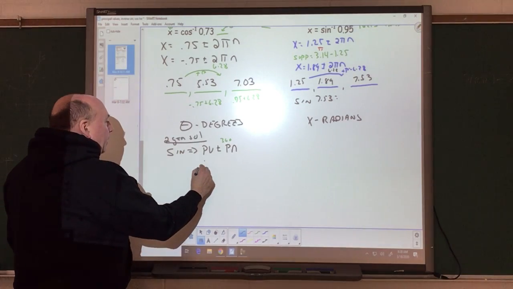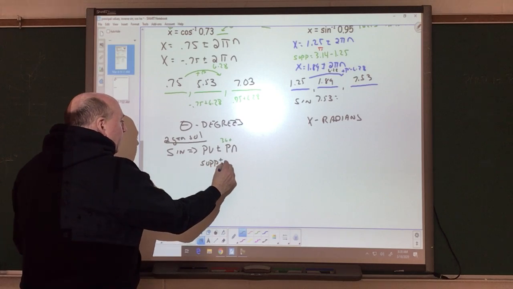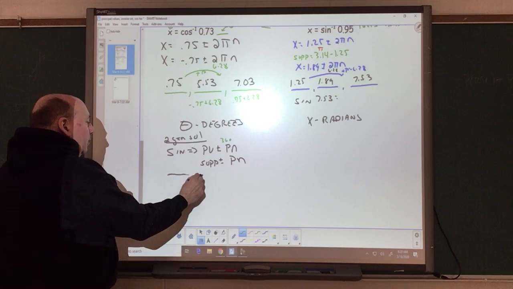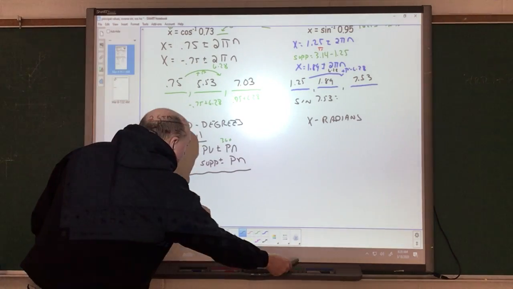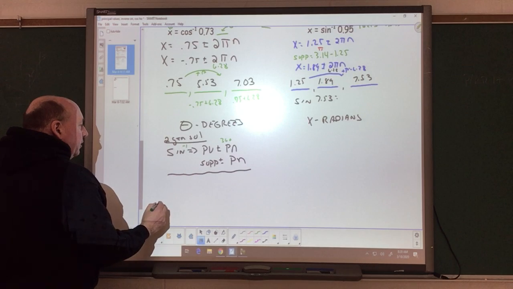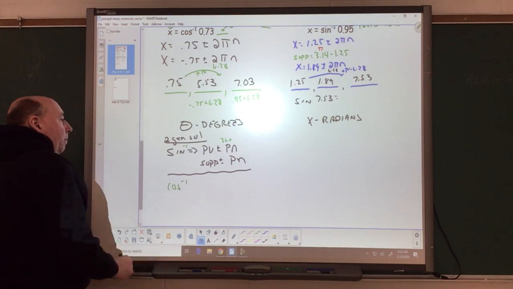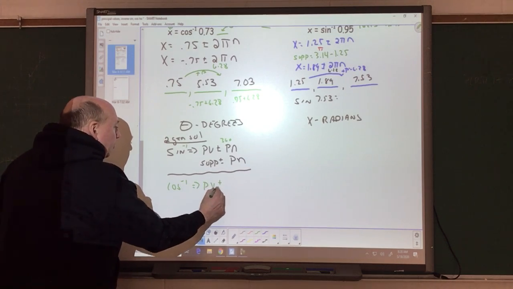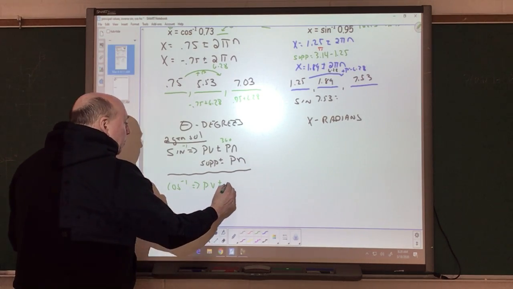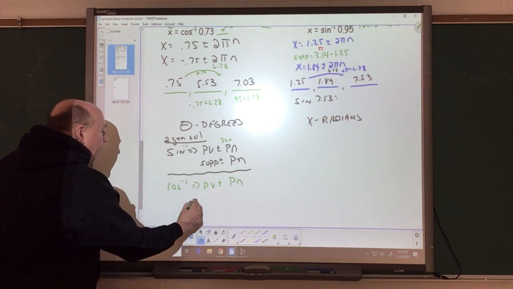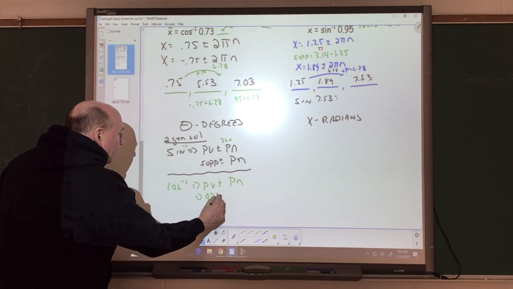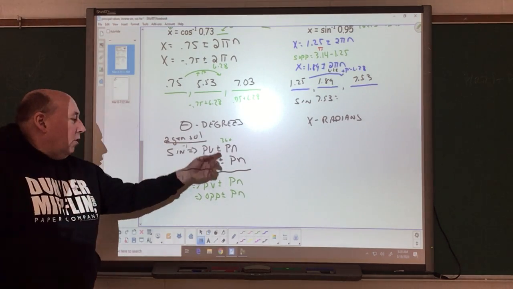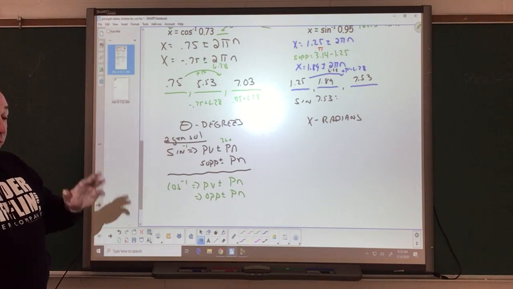And we have the supplement plus or minus the period n. Inverse cosine, we have our principal value plus or minus the period n, and then we have the opposite plus or minus the period n. And once again, the period for our cases will be 360 degrees for right now.